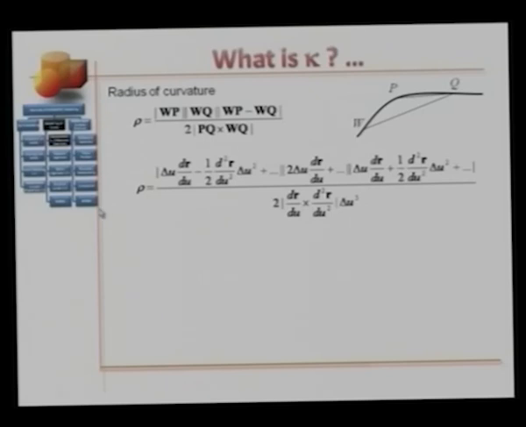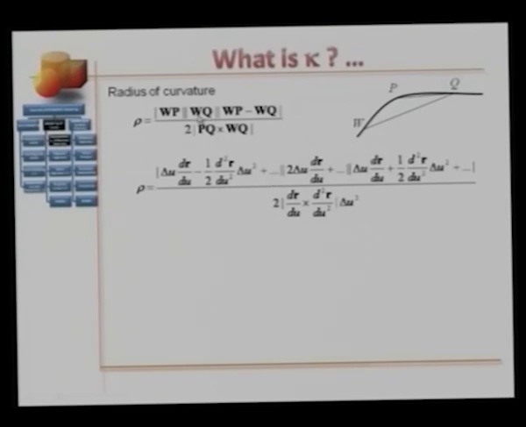This looks a little tedious. Let's try to work it out. Rho equals the mod of WP, which is delta u times dr over du minus half of d2r over du squared times delta u squared plus some higher order terms.